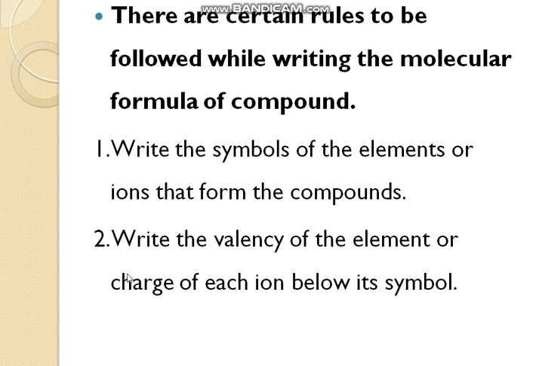First rule, write the symbol of the elements or ions that form the compound. Second rule, write the valency of the element or the charge of each ion below its symbol.